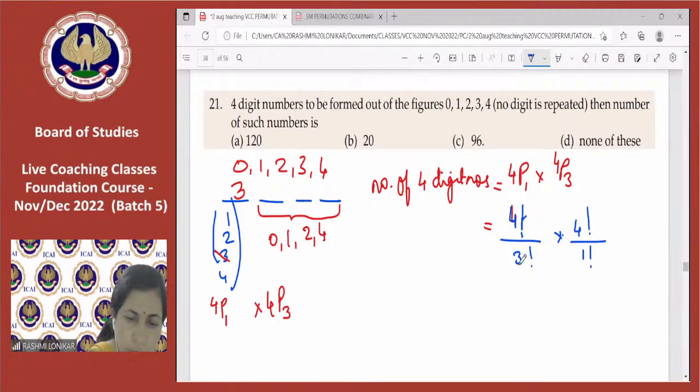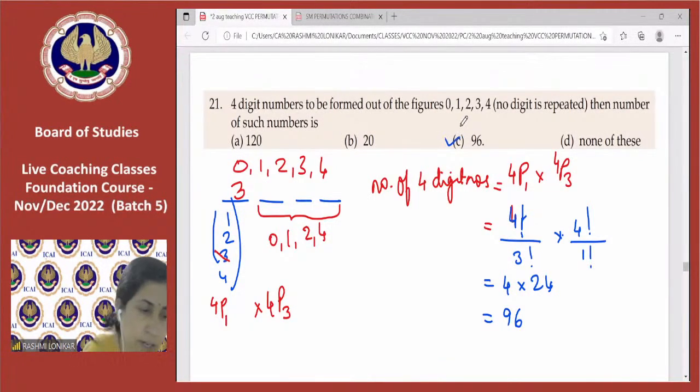Okay. 4 factorial upon 3 factorial is 4. 4 factorial is how much? 24. 24 into 4 will be equal to 96. So C will be the correct option.